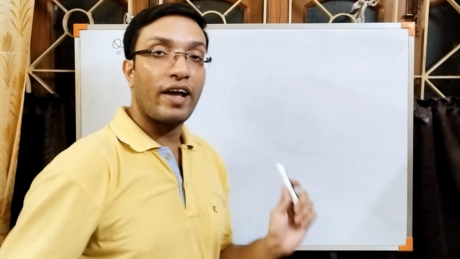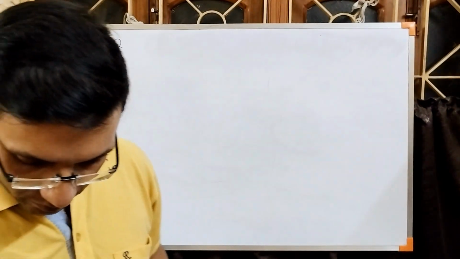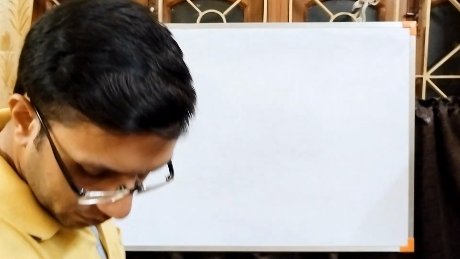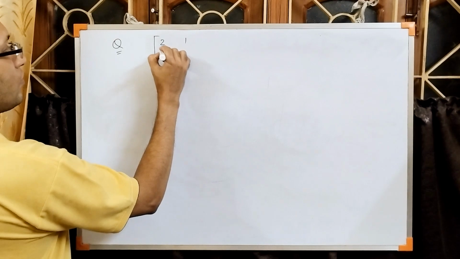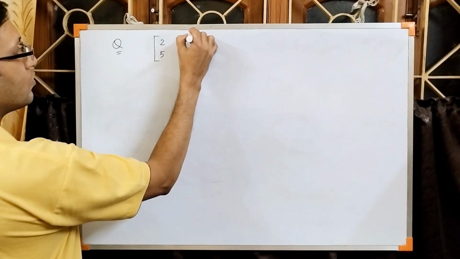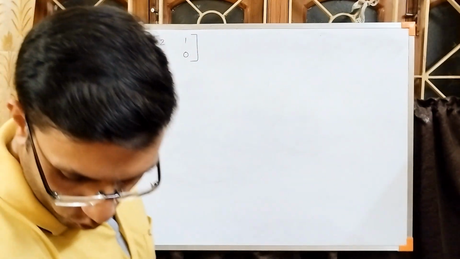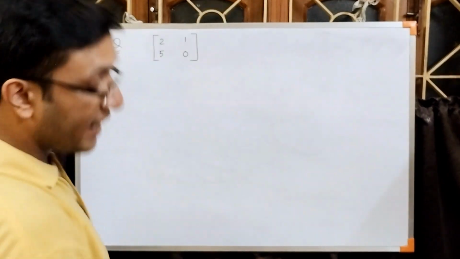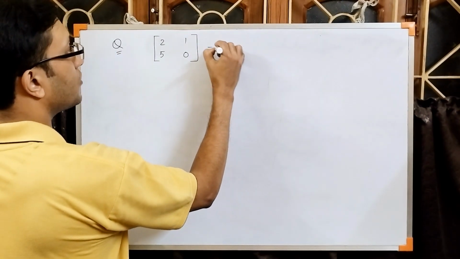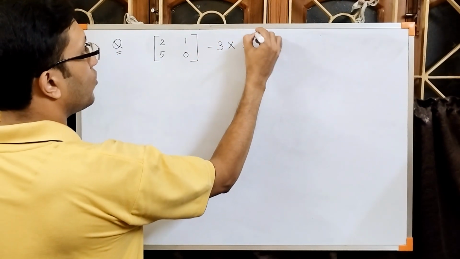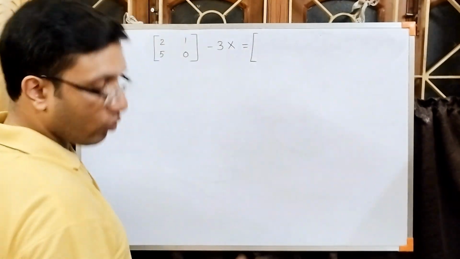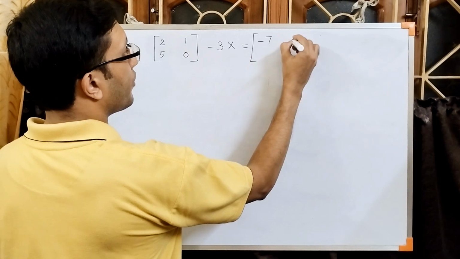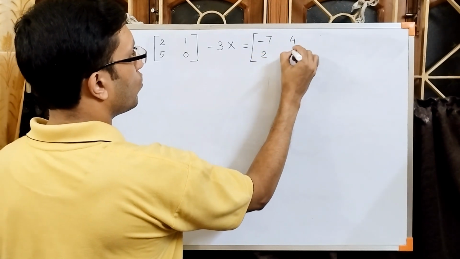I hope you all are well understanding the topic. So let's see the next sum. It is given 2 1 5 0 minus 3X is equal to minus 7 4 2 6. Let me check the question once more. 2 1 5 0 minus 3X is equal to minus 7 4 2 6.